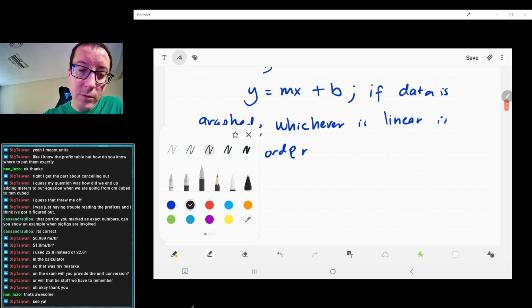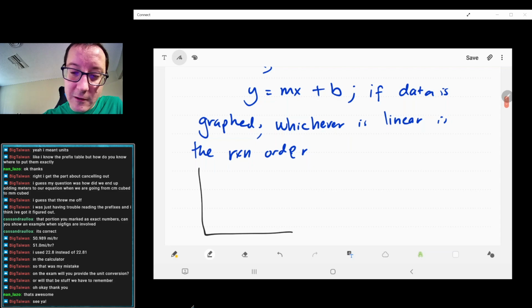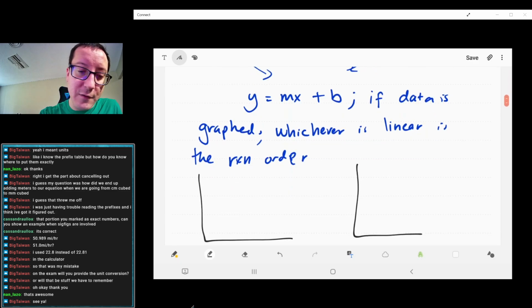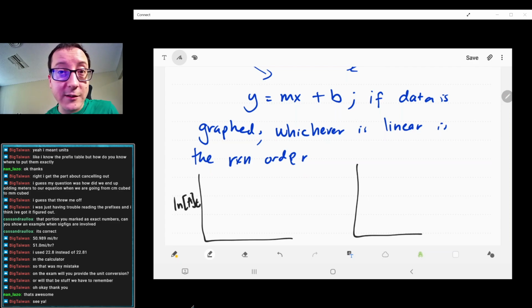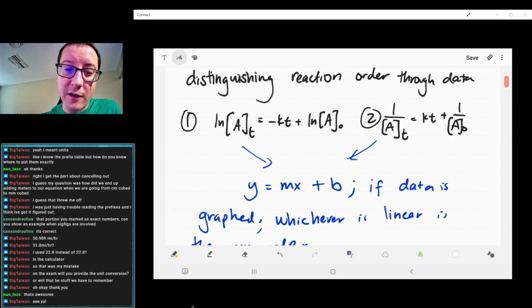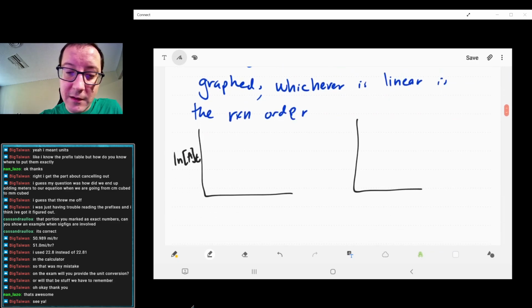So, two graphs here. The first one, we'll graph the data as if it were first order. So we're going to have the natural log of our concentration at a particular time, and our x will be just the time.